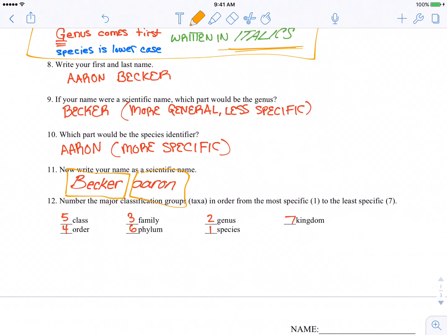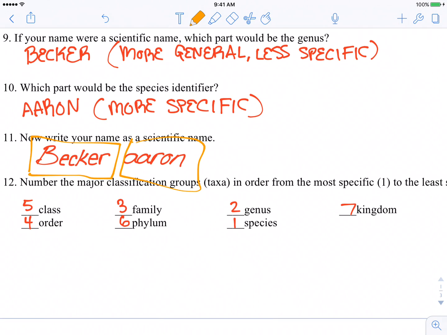Now remember, the genus isn't the least specific out of all the groups. We're dealing with the last two groups of a whole pyramid. And so between genus and species, genus is less specific than species. But together, those two groups are the most specific groups out of all of those other groups. And I have them numbered in order of specificity here.